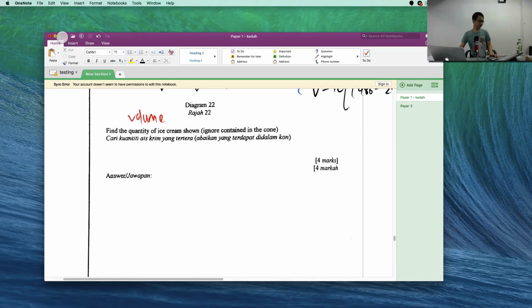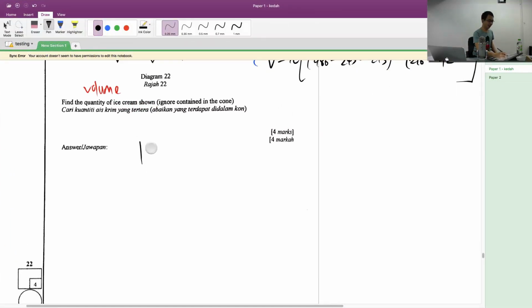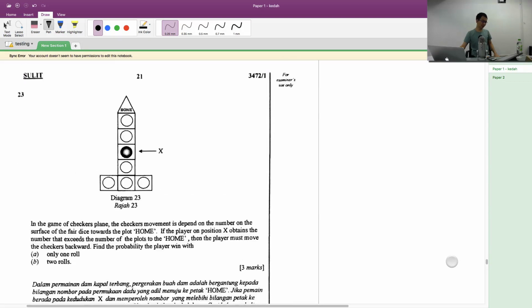Okay, then I will zoom it. So just now the volume, we actually get 18 pi. Nothing very special. Let's move on to the next one. It's fine. I use mouse to scroll.